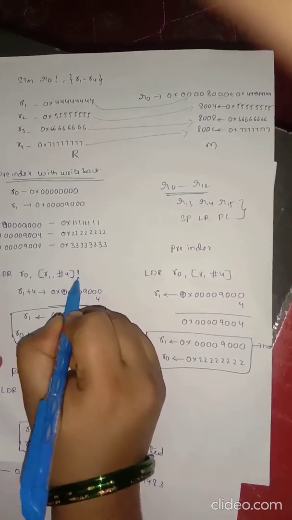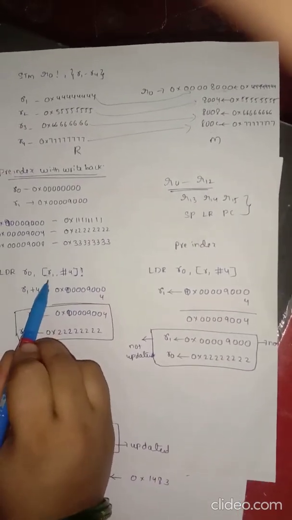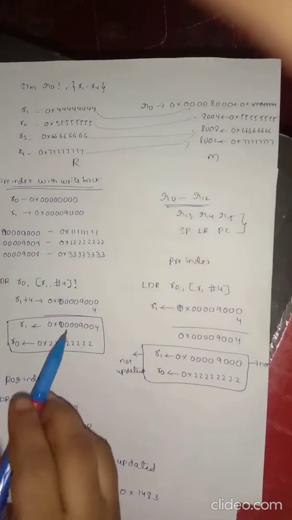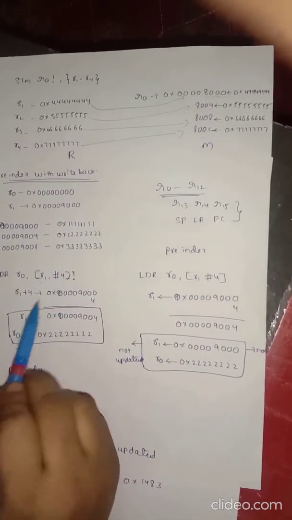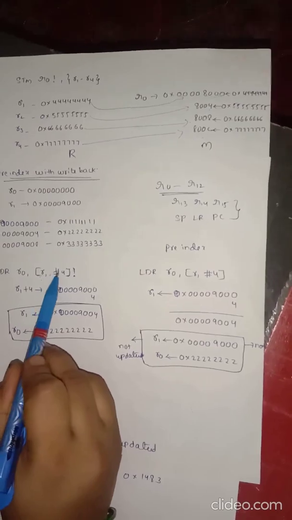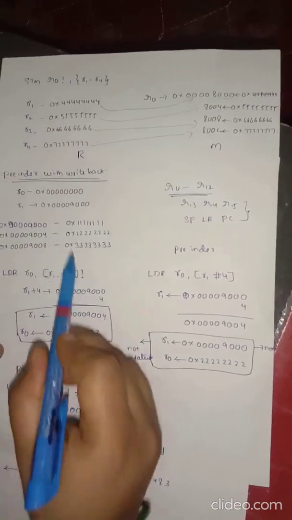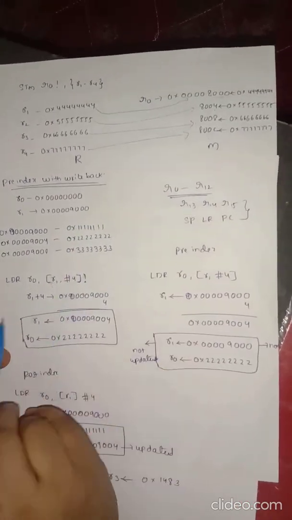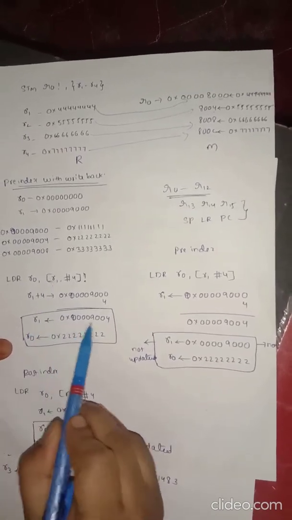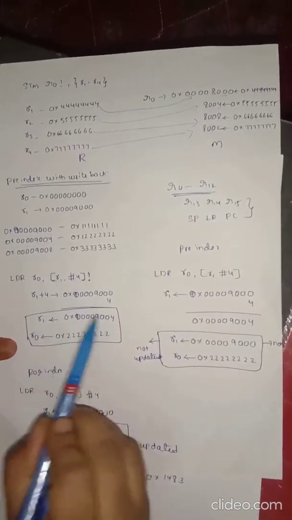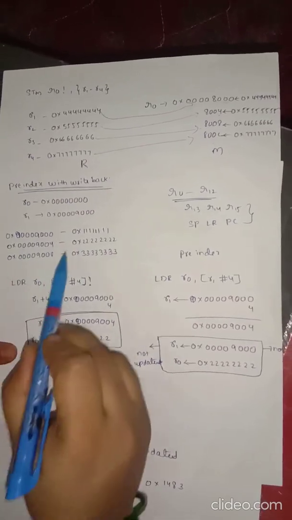This is the pointer. Now first you will go to R1. What is R1? Pointing to 9000. Next, to that R1 you will add 4. 4 is an immediate data, with the pound symbol. So for 9000, you add 4, and it becomes 9004. Now your R1 is updated with 9004. Now it will go to the 9004 location.